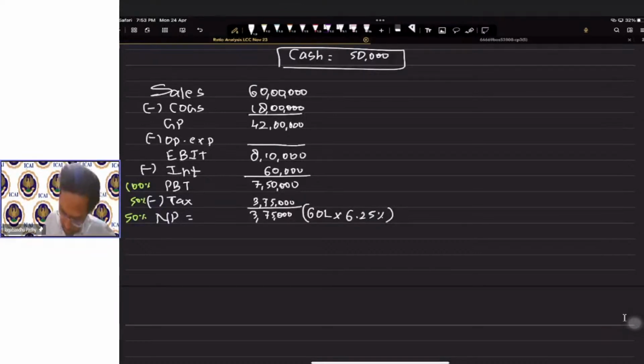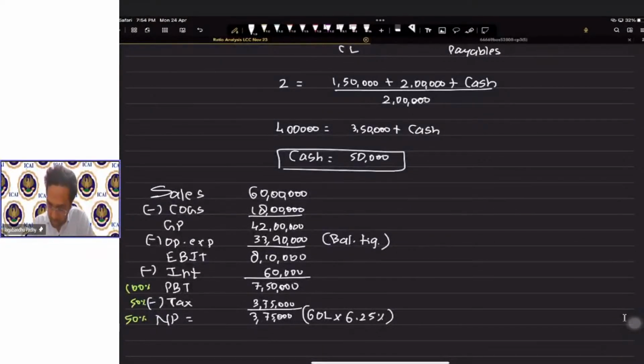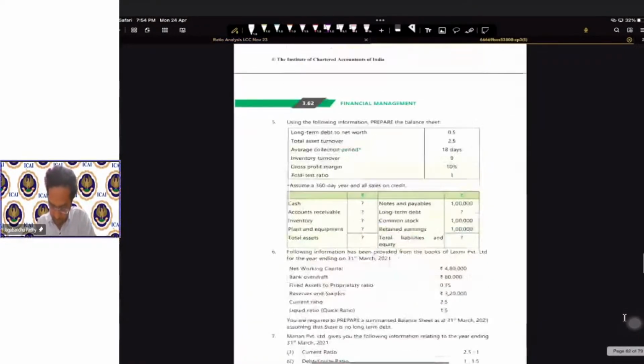And then your operating expense will be a balancing figure, which is 42 lakh minus 8,10,000, which is 33 lakh 90,000. Correct, guys? 33 lakh 90,000 operating expense.